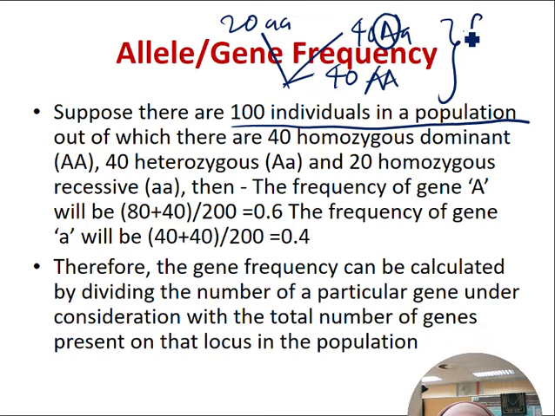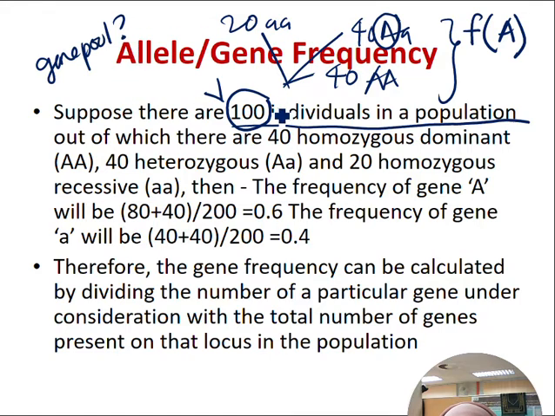So what is the frequency? We usually use small f for frequency, of the A allele in this population. We have 100 individuals, so what is the size of the gene pool? A gene pool is how many alleles there are in this population.